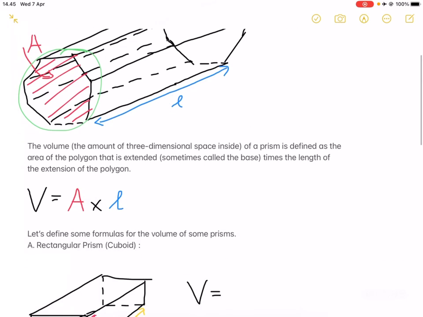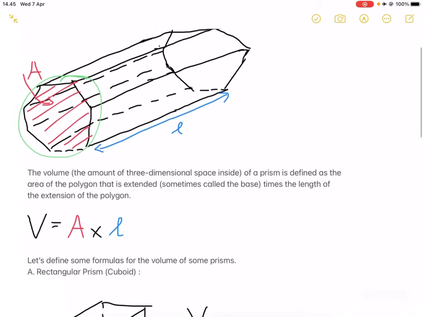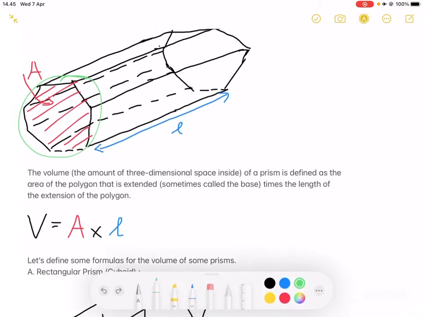In simpler terms, V, which is volume, is equal to A, the area of the base, times L, the length of this extension.